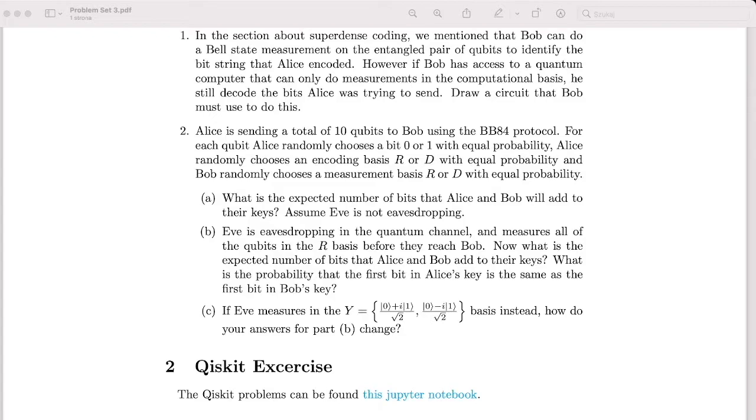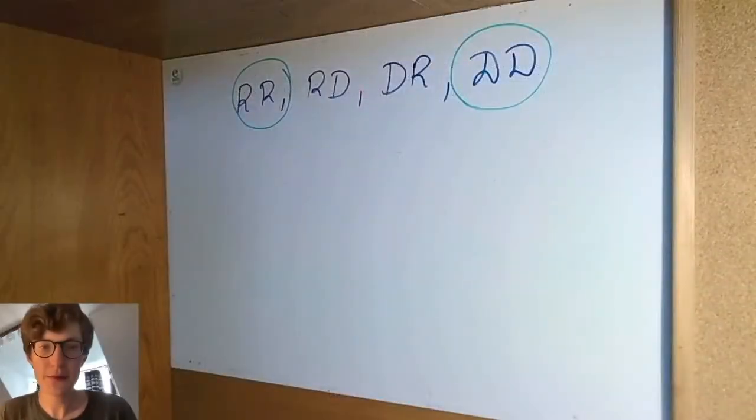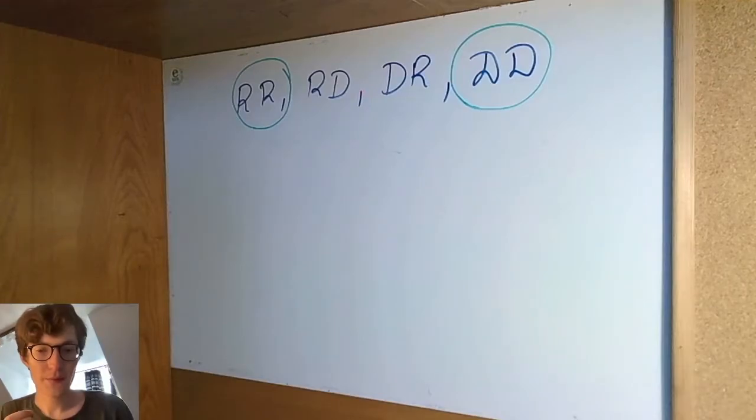So let's observe that Alice and Bob add a bit to their key if and only if they chose the same basis, right? The only condition is the choice of a common basis. So it doesn't matter whether there was some eavesdropper in between them, right? The only thing that matters is the agreement upon a common basis.